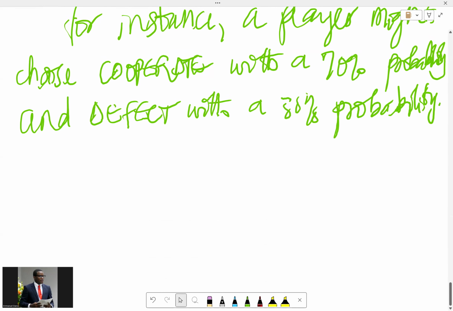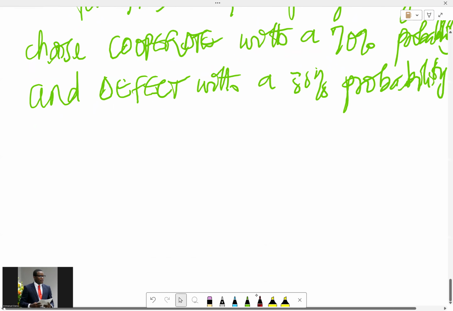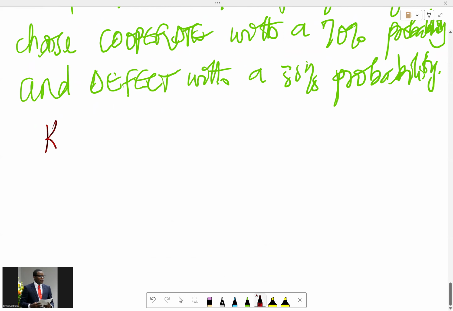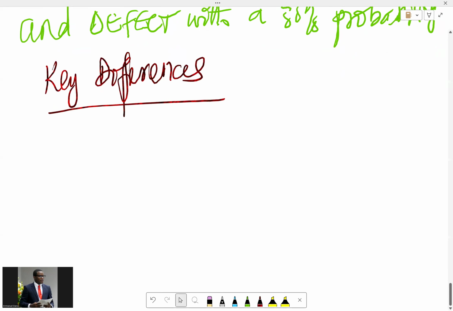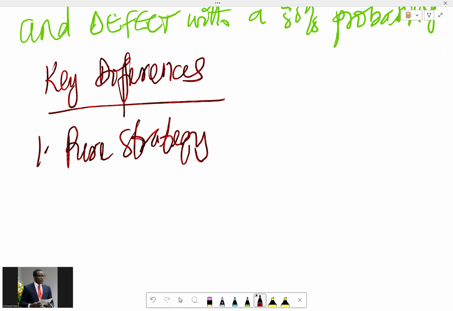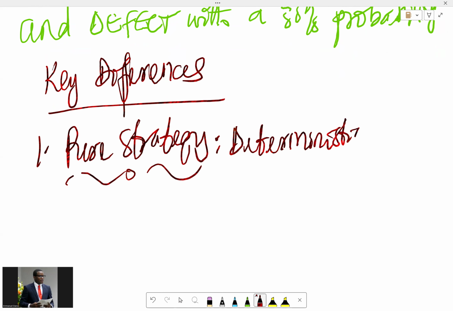So we can narrow that down to two key differences. So we have pure strategy. Pure strategy is deterministic, no chance, like it's fixed.